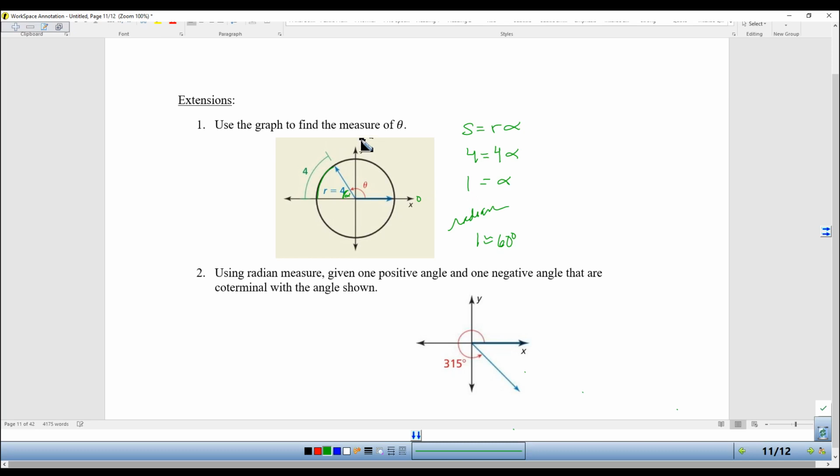If this is 0 and this is pi halves and this is pi, remember pi is about 3.14. And then half of pi would be about 1.57. So if you hear a radian is 1, it's probably somewhere like that. That would be 1 because all the way up here would be 1.5. So it's much easier to do radians with the pi still in it. But in this case, there's not. So we have to be accommodating.